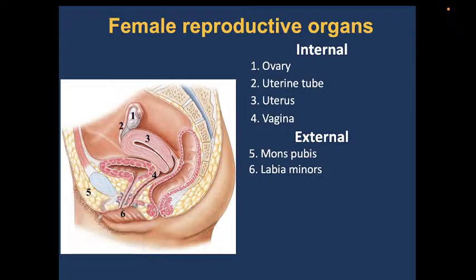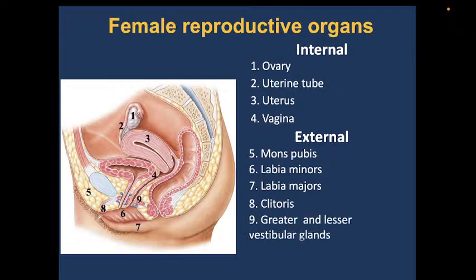Then there are also the labia majora, the clitoris, the greater and lesser vestibular glands located inside of the labia majora and minora as well.